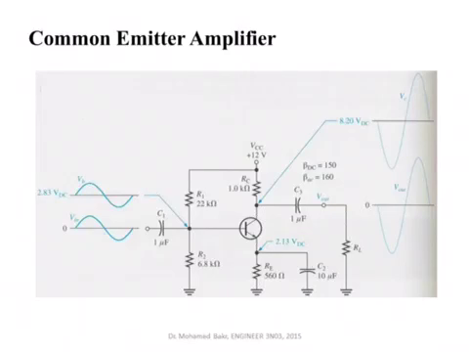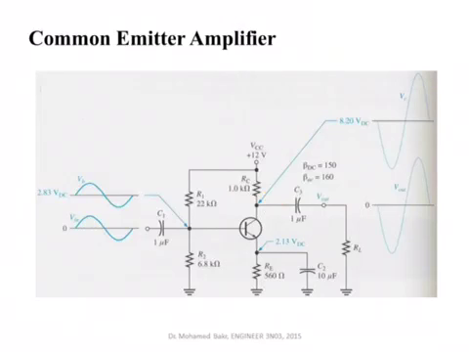And this amplifier, like the common source amplifier, gives a phase inversion. Why? Because when you apply a small signal here at the input, this will result in a change in the base current. This small change in the base current will be translated to an in-phase change in the collector current. But if the collector current increases, the collector voltage will drop, because the voltage at the collector is simply equal to VCC, which is 12 volts here, minus I_C times R_C.